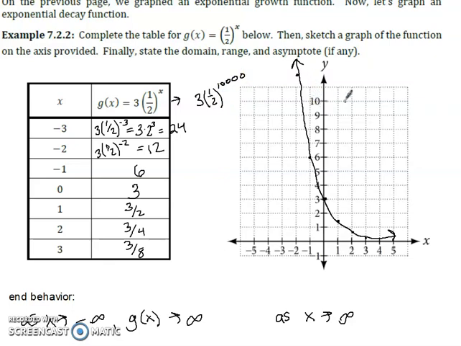That makes that 3 very, very, very small. However, while it is extremely close to 0, it will never actually equal 0, nor will it be negative. So similarly as our last graph, g of x will only approach 0, but it will never cross over or equal 0.